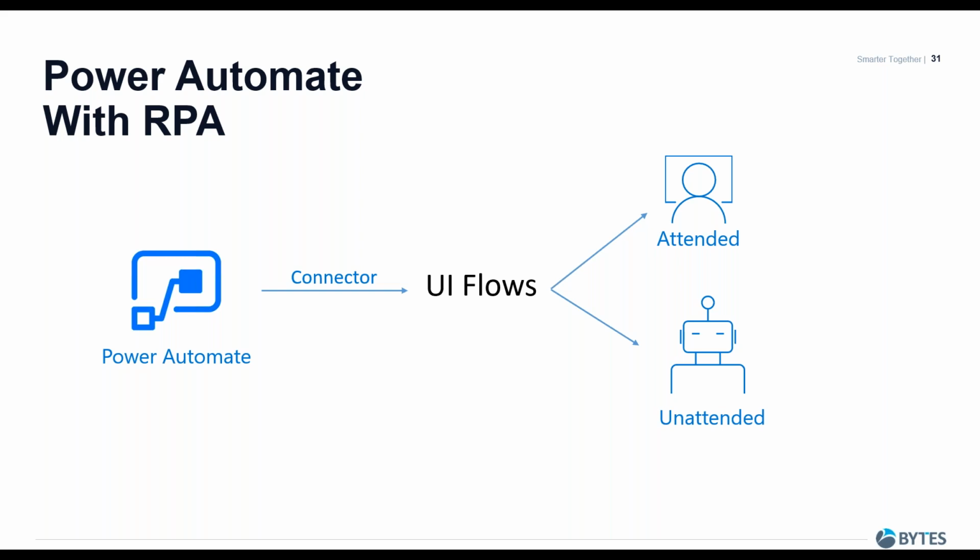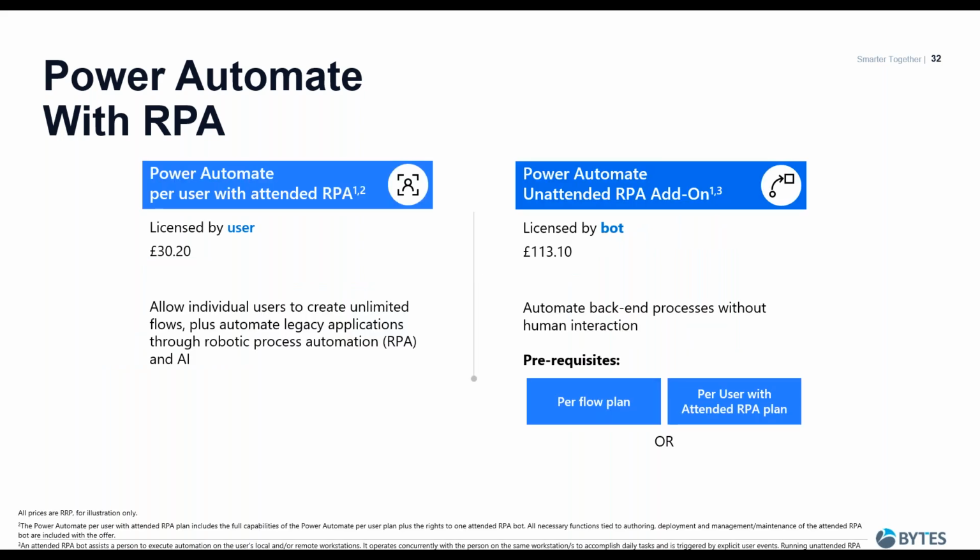And so with Power Automate to work with the RPA, we're using the UI flow connectors either in an attended or an unattended mode, each with their own licensing model. And that's what we'll have a look at now. The attended RPA is licensed per user, where we are licensing the user triggering the RPA with Power Automate per user with attended RPA.